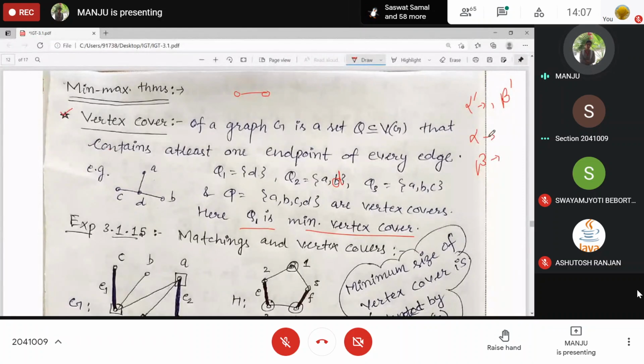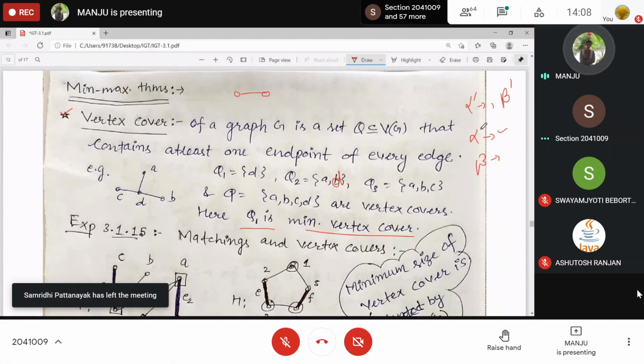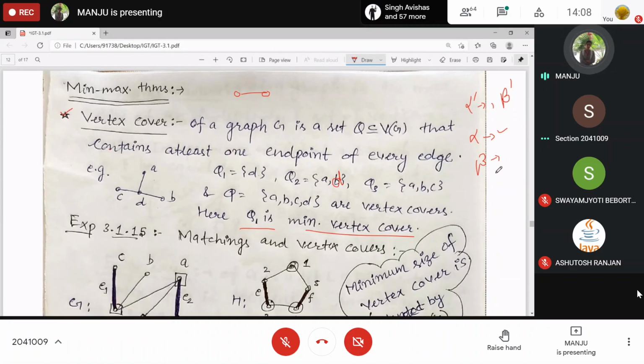Now, alpha denotes the cardinality of the maximum independent set of vertices. That is, how many maximum independent vertices exist in any graph is denoted by alpha of G. Beta G is the minimum vertex cover, the minimum vertices needed to cover all the edges. Clear? Got it? That is your beta G.